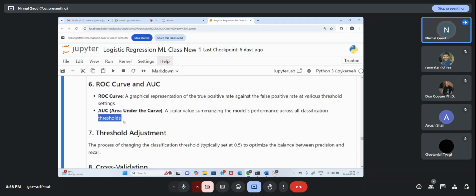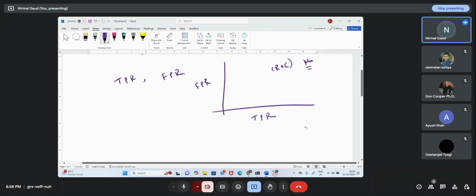So, true positive rate. What should I write for it? TPR is equal to TP upon TP plus FP. I think this should be TPR, isn't it? And what about the false positive rate? What will be the formula for the false positive rate?